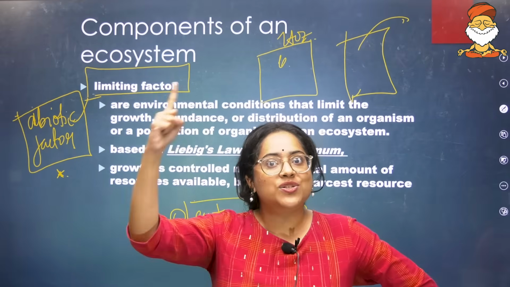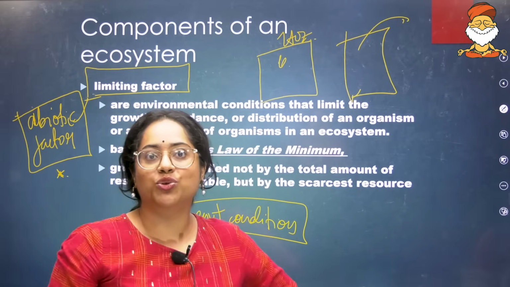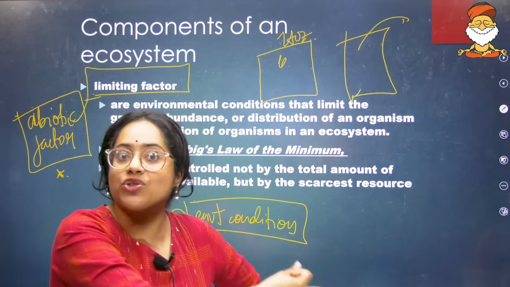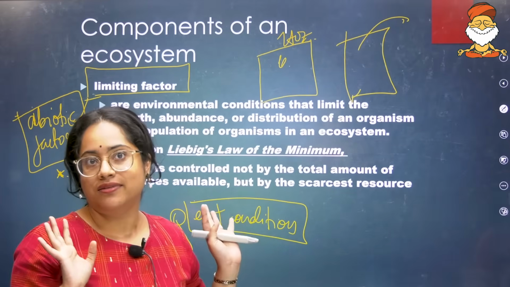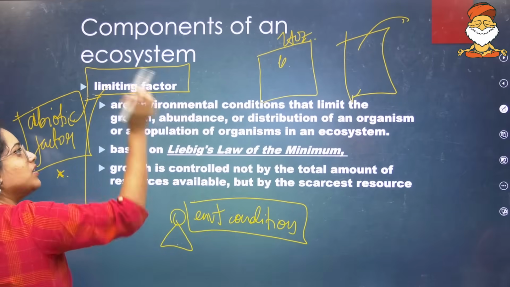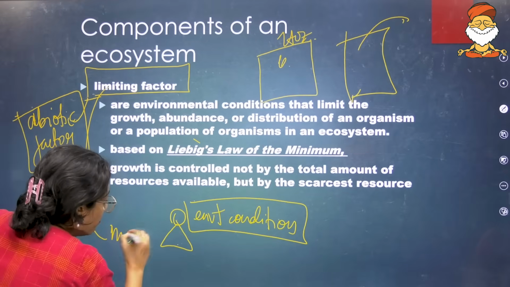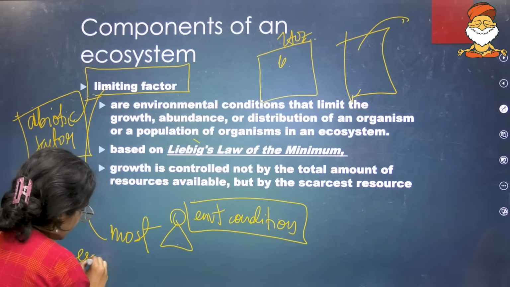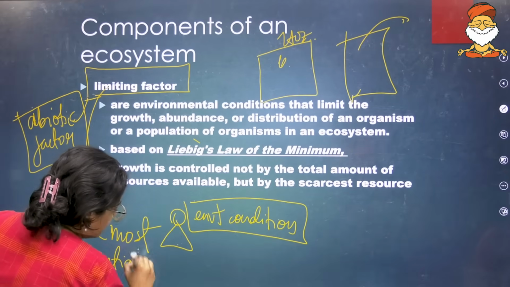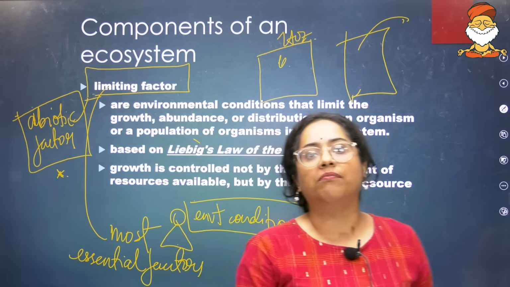Those are the conditions which are most essential for your growth, abundance and distribution. But somehow it's not there, so it became a limiting factor. Okay, so limiting factors are environmental conditions that limit growth, abundance, distribution, etc. But they are also the most essential factors. That is the reason there is so much importance on them.